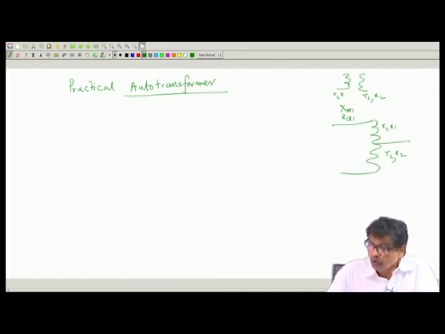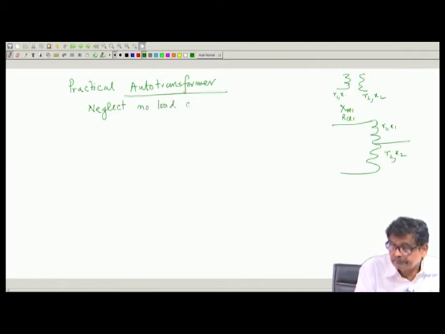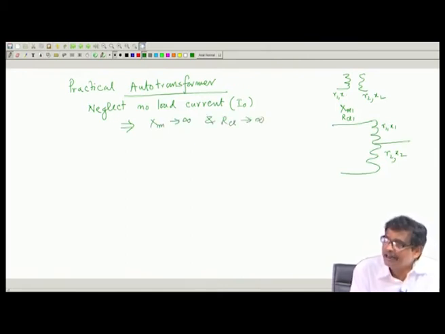First neglect the magnetizing and no load current. I will tell you later how to take no load current. That means I naught is zero, which implies that X m is tending to infinity and R C L is tending to infinity.